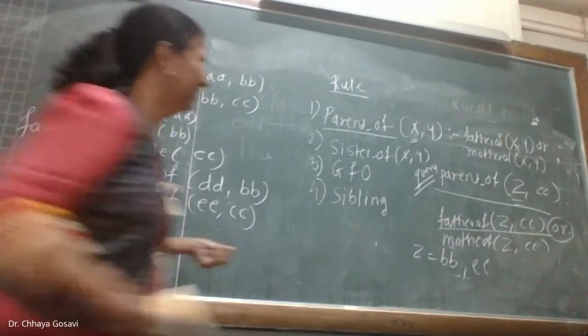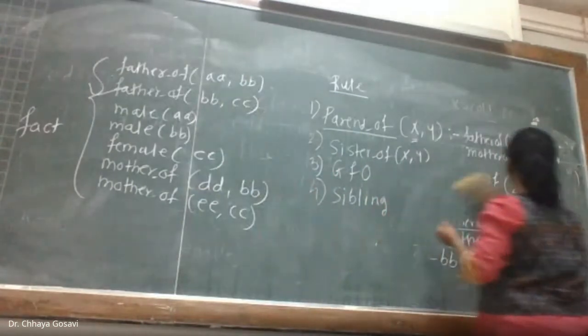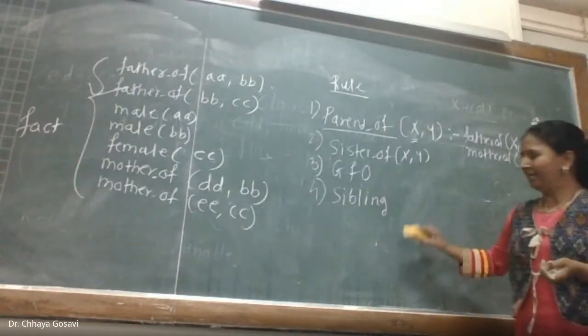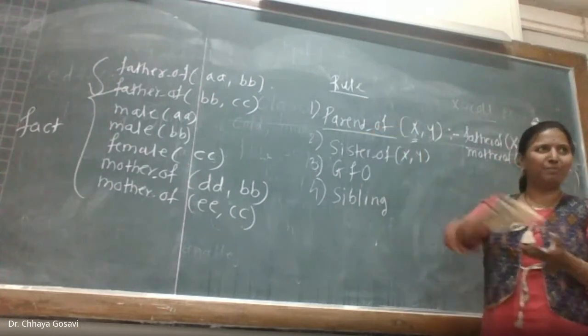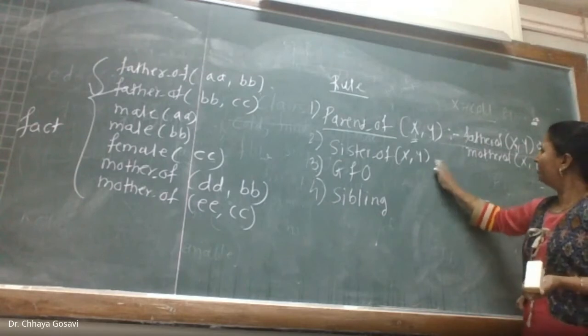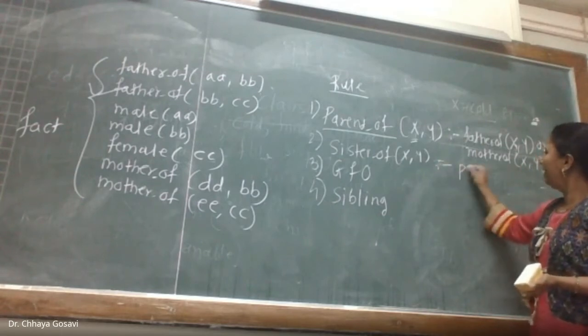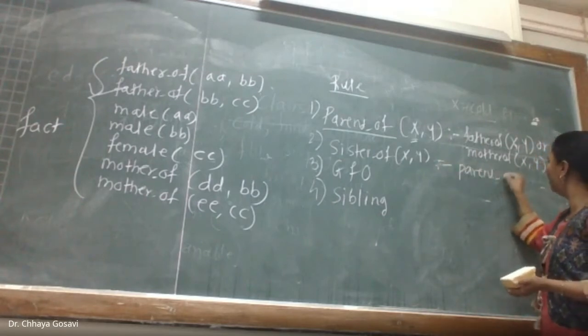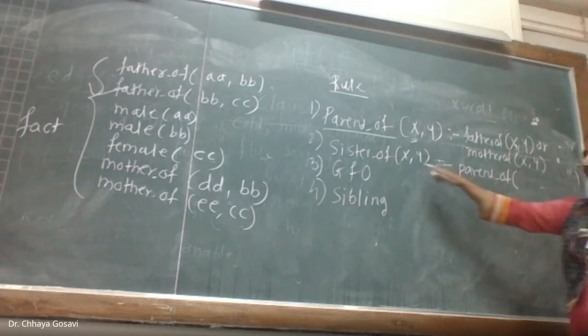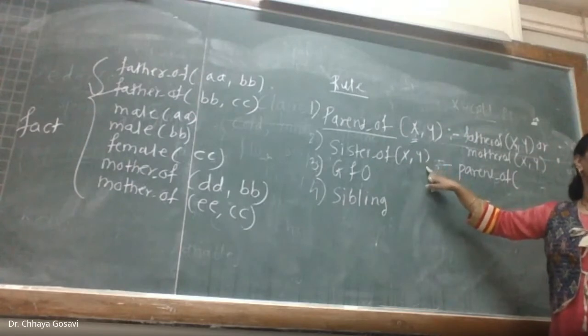I'll write it. That's why I have given you parent of very first. Otherwise, you have to repeat everything. So here X is a sister, Y is sister or brother.